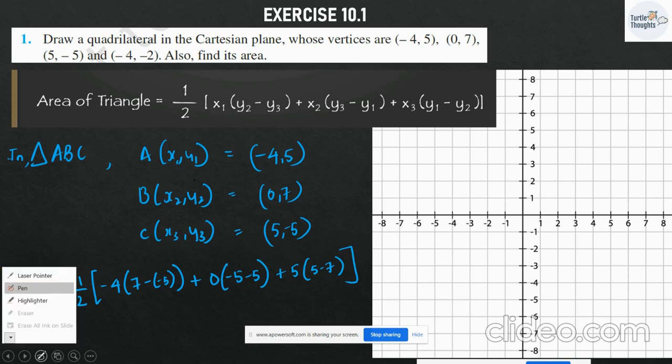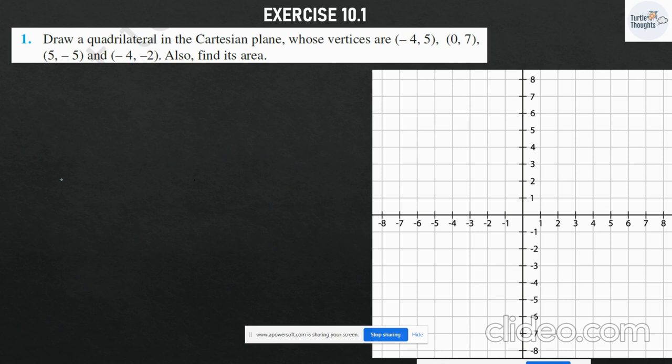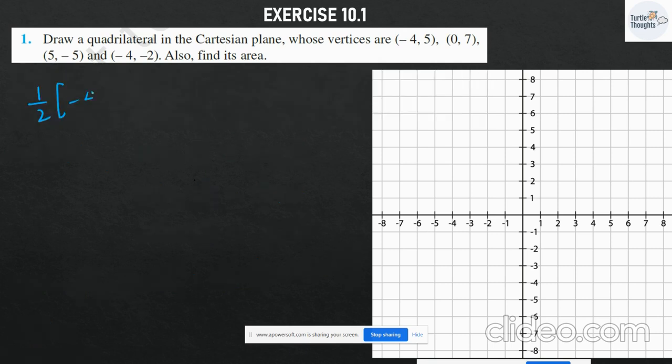So upon solving this, I will be getting area of triangle ABC. Let me write it in the next slide. So it is going to be half multiplied by minus 4, 7 minus of minus 5. Can I write it as 7 plus 5, which is 12? Minus 4 multiplied by 12.